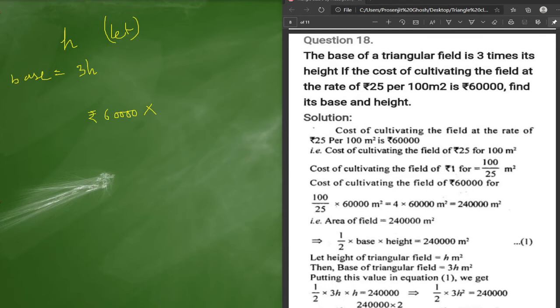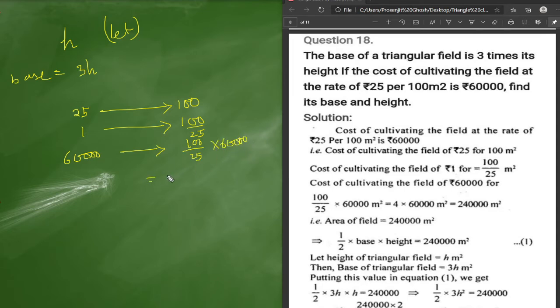Let me do it with the unitary method. First of all, 25 for 100 meter square, then 1 for 100 by 25 meter square, then 60,000. I think now it is clear to all of you. 100 by 25 is 4, and 60,000 will be multiplied with that.